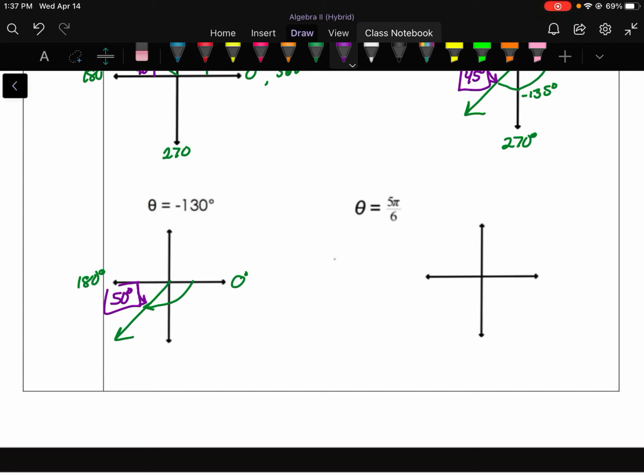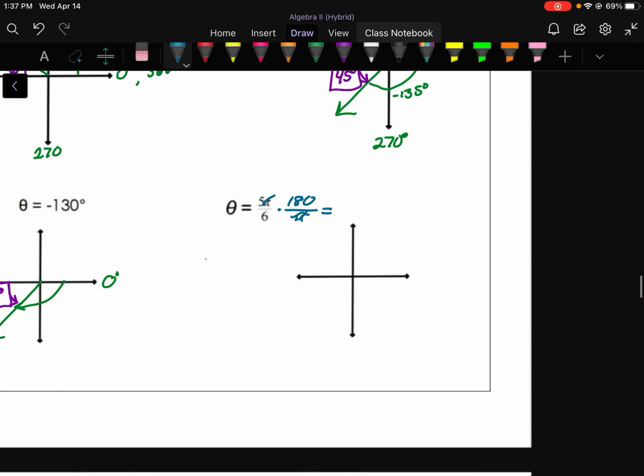For the last example here, we have 5 pi over 6. Same thing, you probably want to start by converting this to degrees. We'll multiply by 180 over pi and cancel out the pi's. Multiply straight across, so 900 over 6, which reduces to 150 degrees.